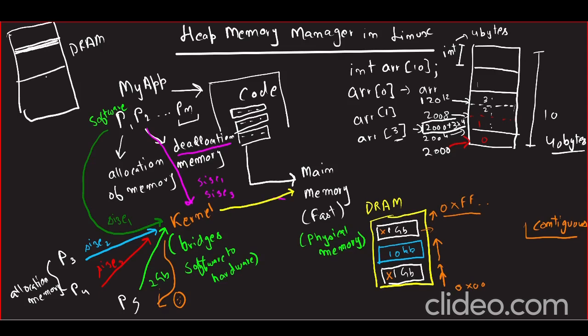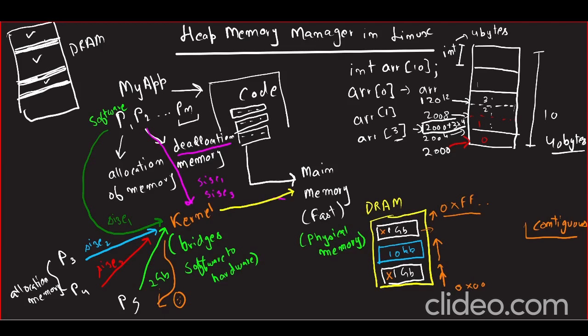This space is allocated, and let's say this space is allocated. Now we want a space that accounts for this space plus this space plus this space. So we would not be able to allocate it.